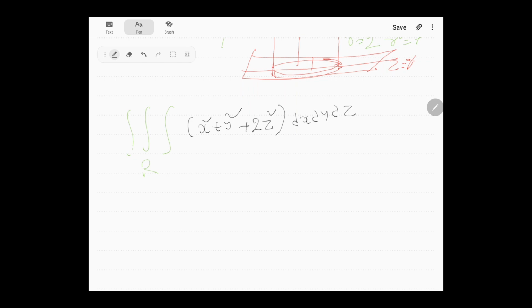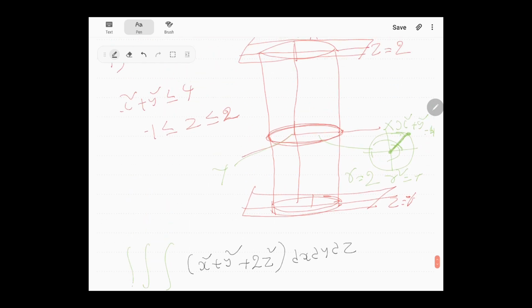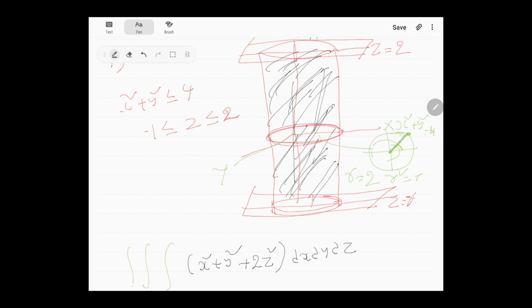The region is, this is my region, from z is equal to -1 to z is equal to 2. In this region R, if z varies here, this is the length. So this is z is -1 here, this is z is equal to 2. So z varies between -1 to 2.